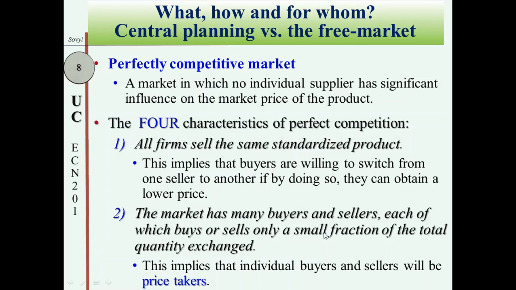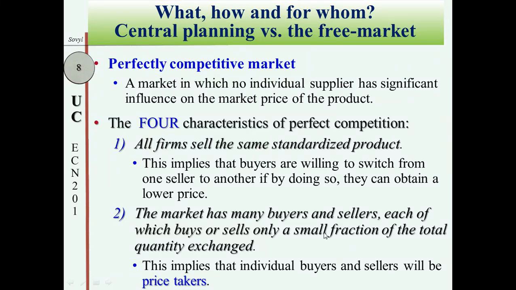For example, drinking water, one bottle in the market is 1,000 riel. If you want to change from this price to less than this amount, you cannot find it, because everyone sells at this price, and besides you there are many buyers who accept 1,000 riel as the market price.